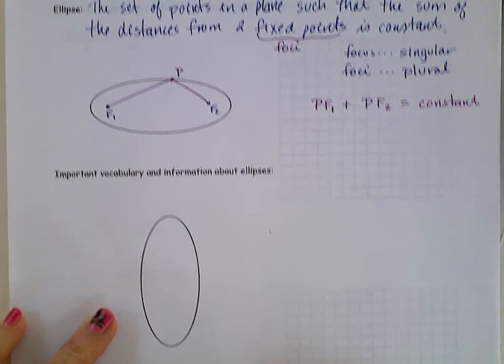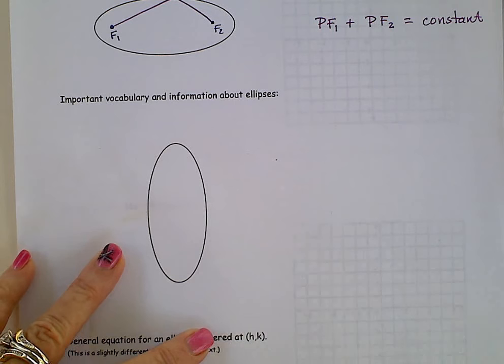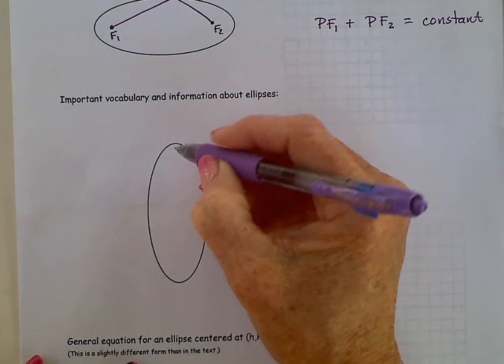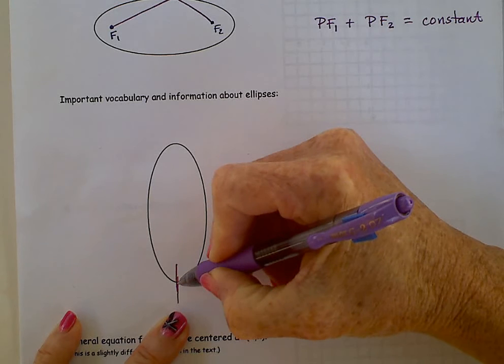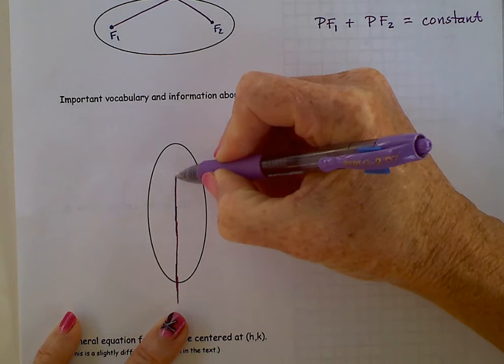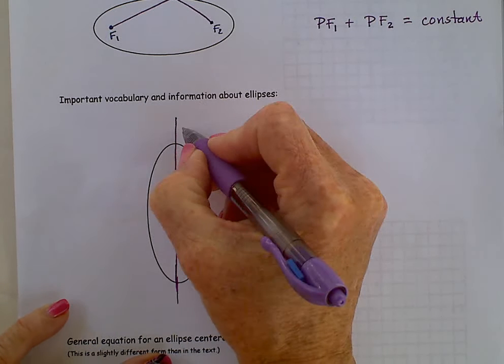There is some important vocabulary and information about ellipses. For an ellipse, there's a line of symmetry right here, a longer line of symmetry called the major axis.